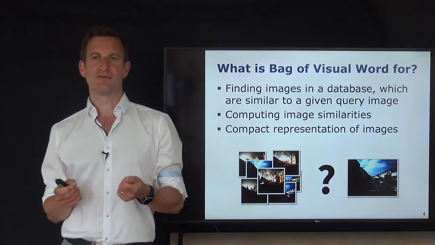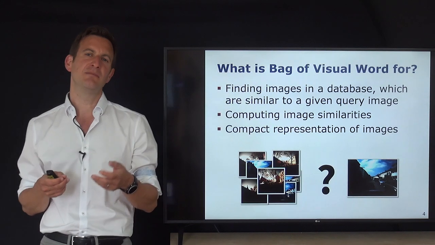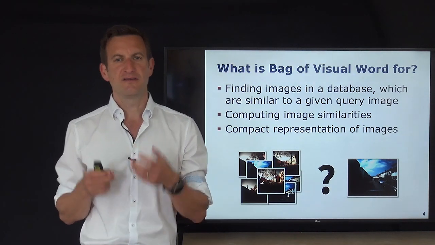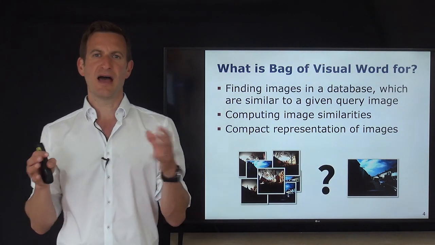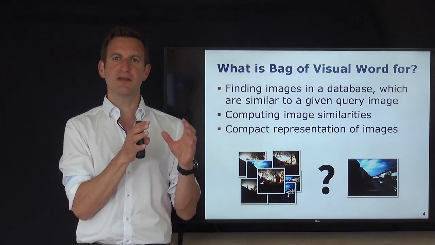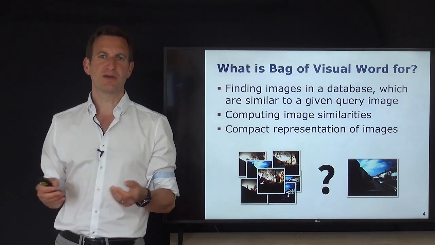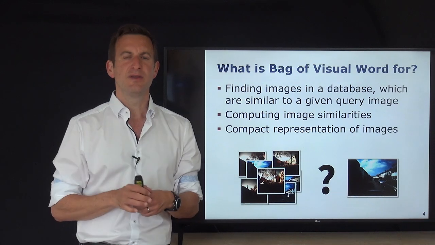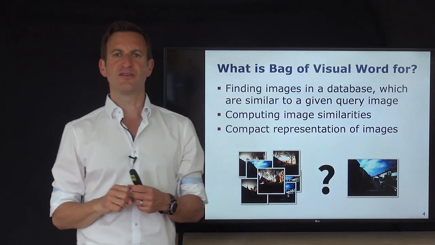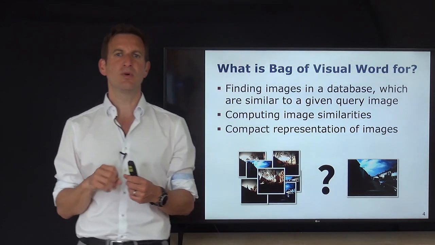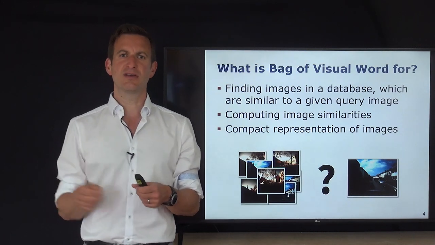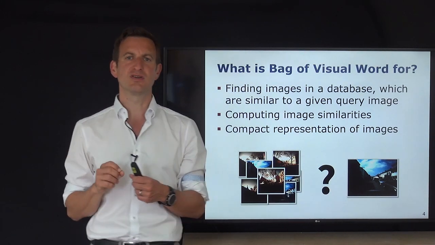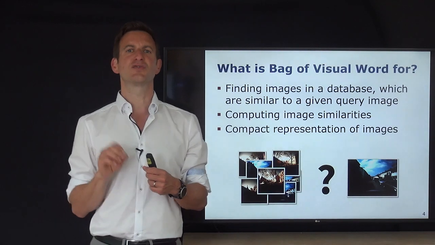So what's the bag of visual words? It's a technique that can be used for finding similar images in a database, either images among each other in the database or with respect to a given query image. So let's say you put into a database a large set of images and you want to find an image in your database that is similar to one query image. And then the question is, how can you search for that?